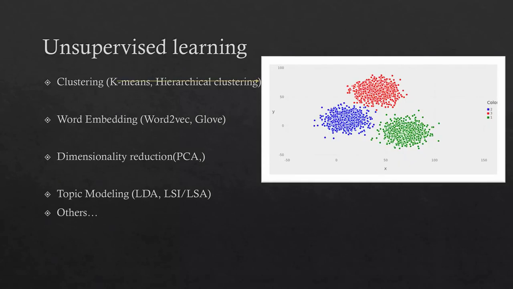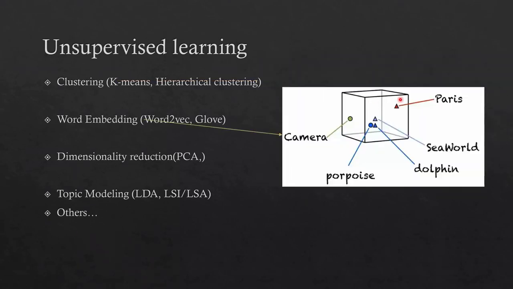So here is a small picture of clustering. This is how clustering looks like. We have, for example, a lot of data on our graph, and we want to separate them into three different groups in this case. And word embedding is where we have a space, and we want to put words into that space. The distance between two words represents the similarity or relatedness of these two words.